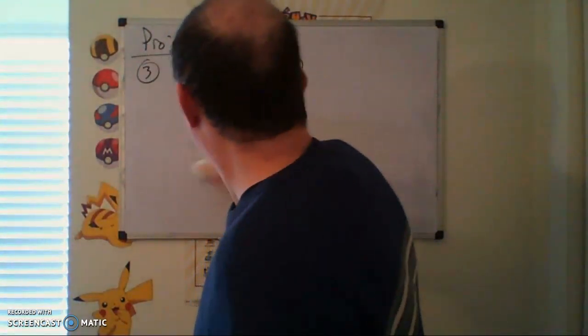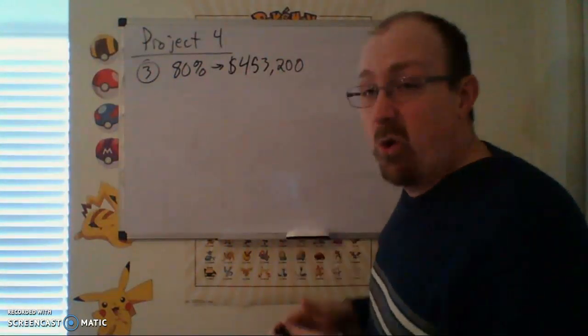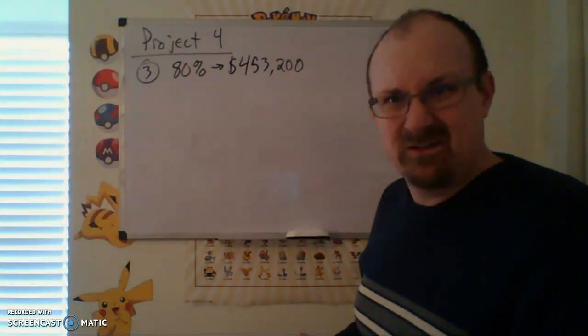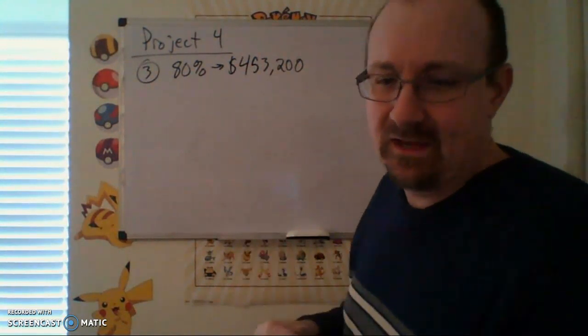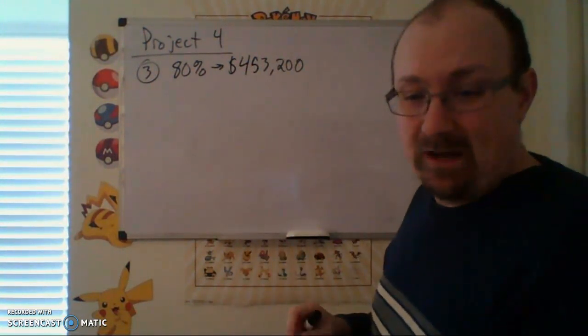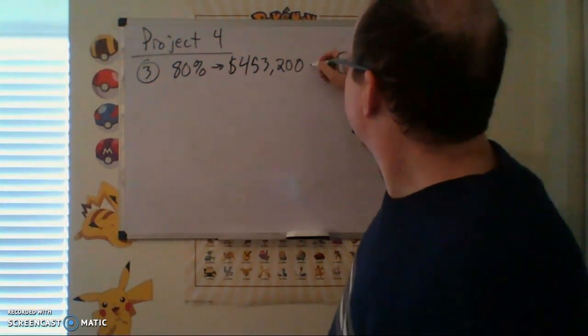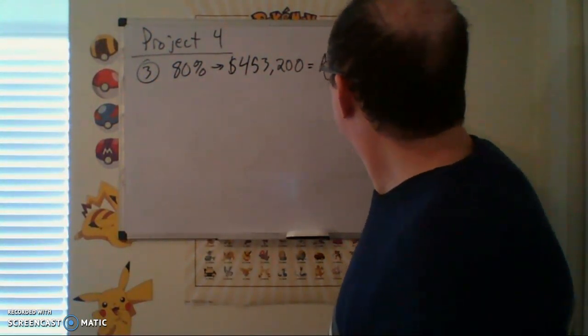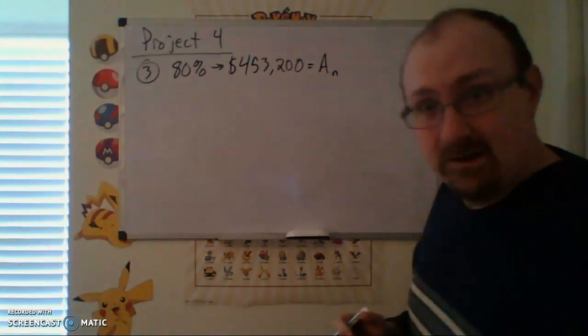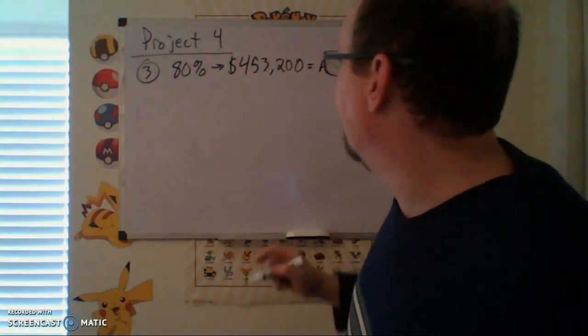All right, and we're given their amortized loan information after this. So they're basically taking out a mortgage of sorts on this thing. Their interest rate is 7.8%, and they're making monthly payments over a course of 15 years. So this thing is essentially their A sub n in that amortized loan payment formula.